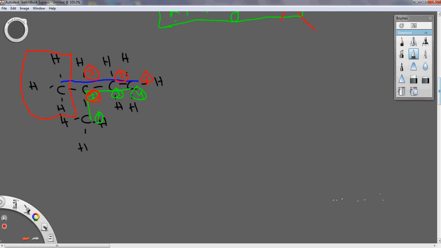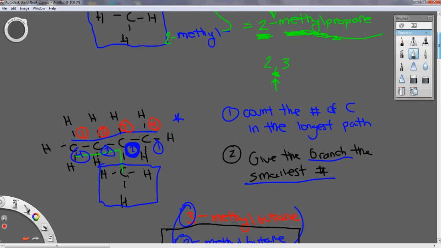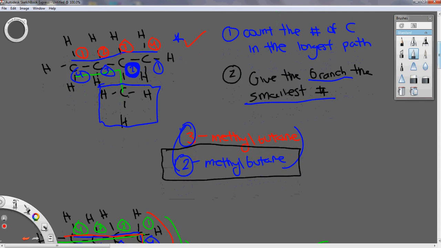I just reversed this problem right here. In this case, we did have to label it from right to left because that would give it the number 2 and give it the conventional answer of 2-methylbutane.